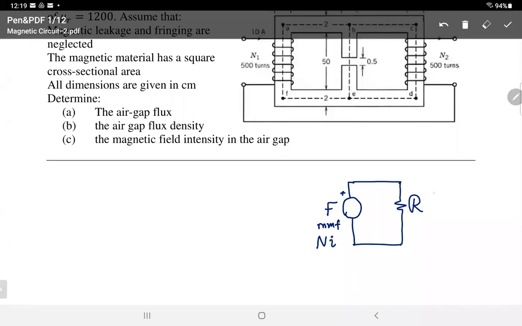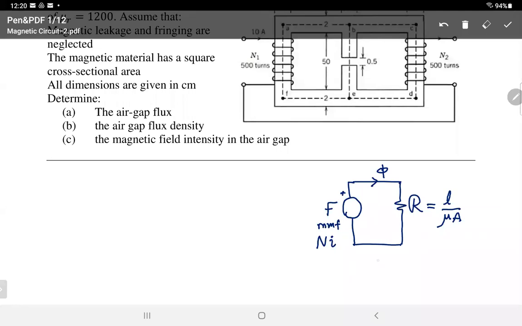And the reluctance, as resistance, we said it's equal to the length of the path where the flux flows divided by mu, the permeability of the material, and the cross-section area of the core. And the flux will be flowing in the magnetic circuit like current in an electric circuit.